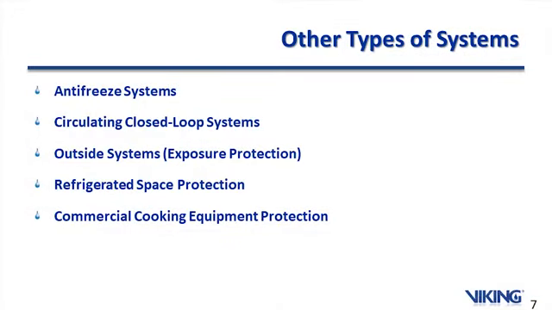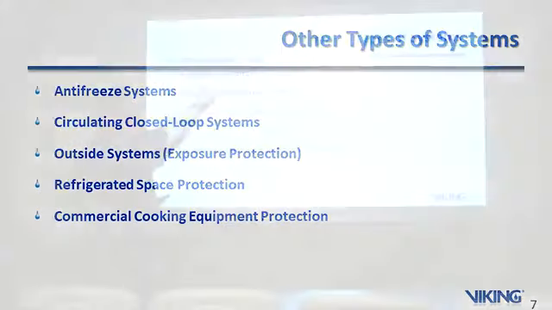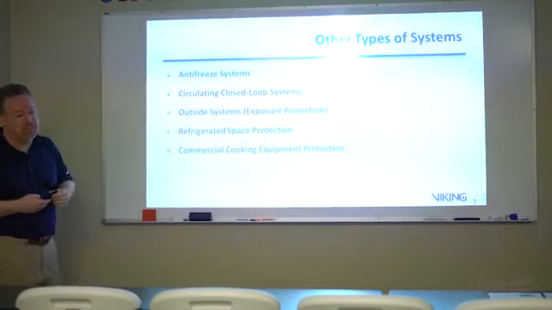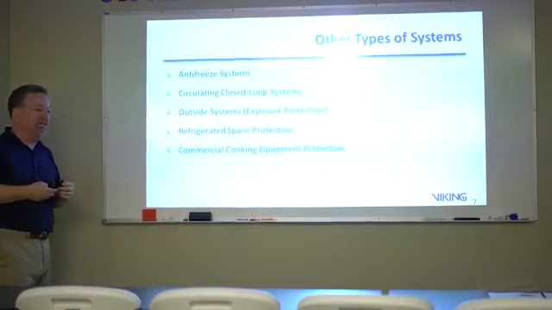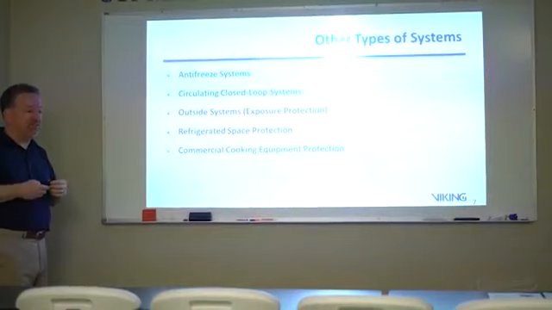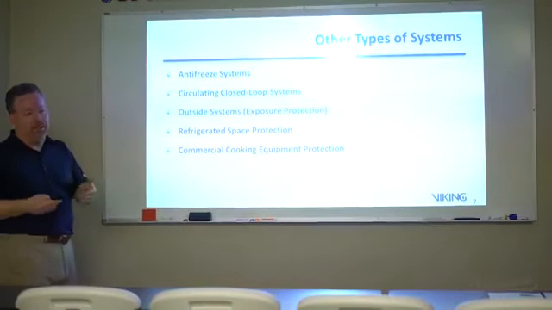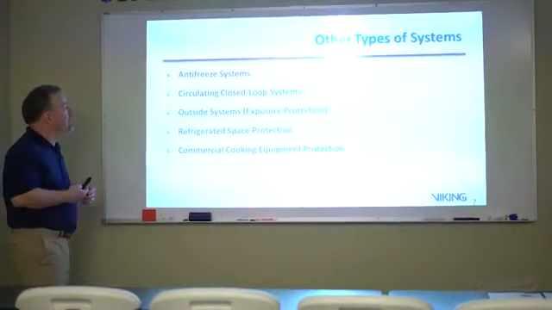Other types of systems, some of them not really used anymore. Antifreeze systems, not permitted. We're not permitted to use antifreeze in systems at all under NFPA 13. If you have existing antifreeze systems in buildings, they are permitted to be used under the guidelines of NFPA 25.